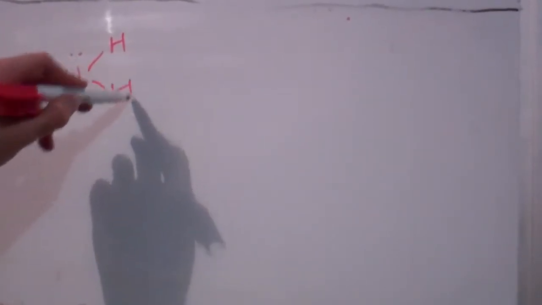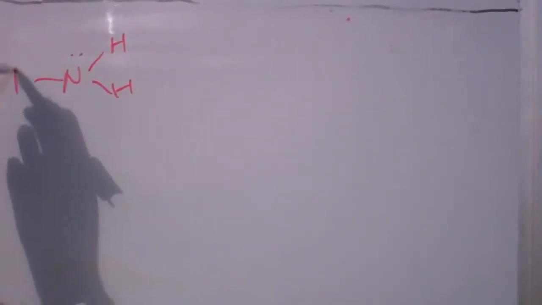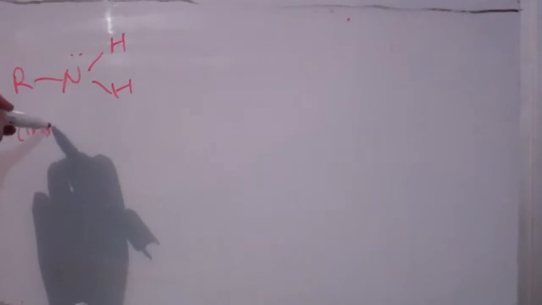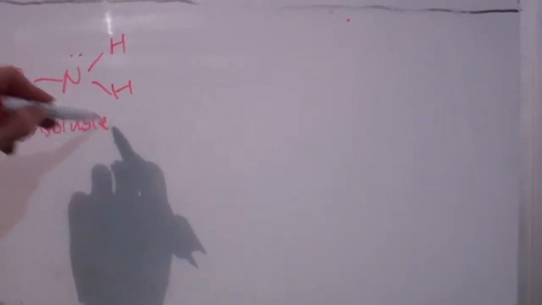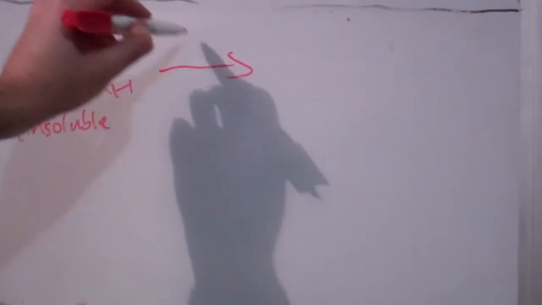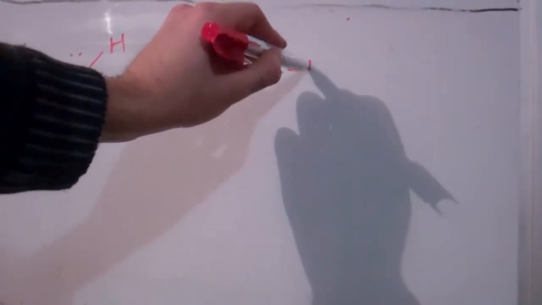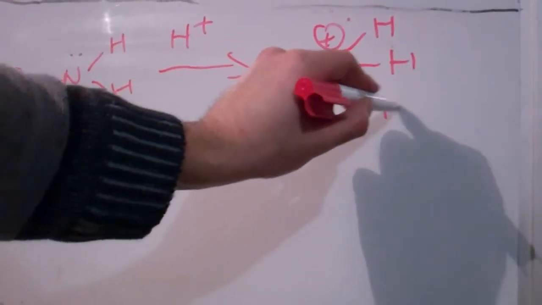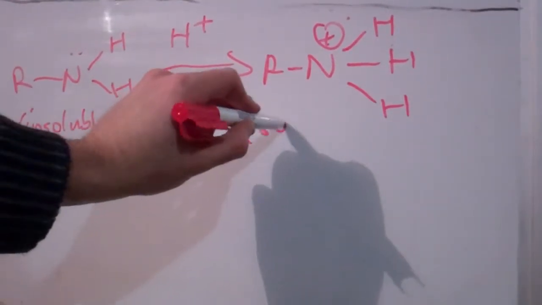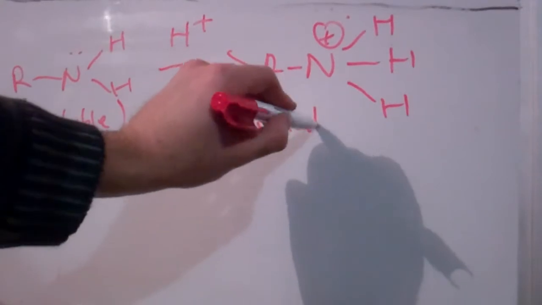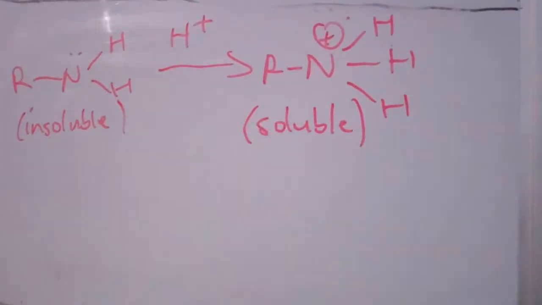Let's say this has a large molar mass, so it is insoluble. All we have to do is react it with some acid or an aqueous acidic solution, and we end up with the protonated form, which is soluble in water. Pretty straightforward.